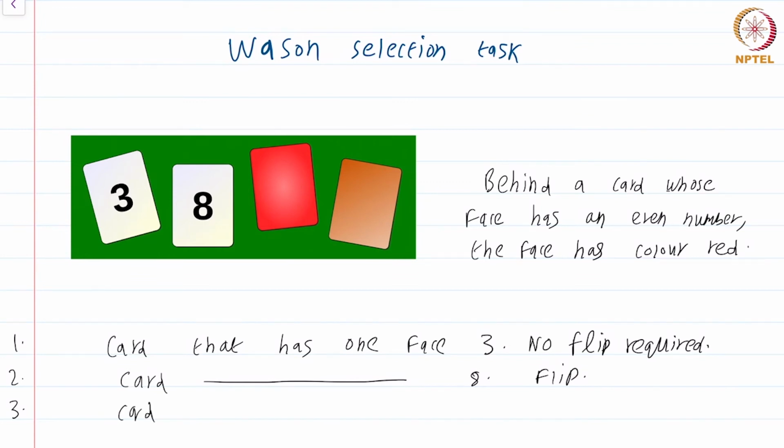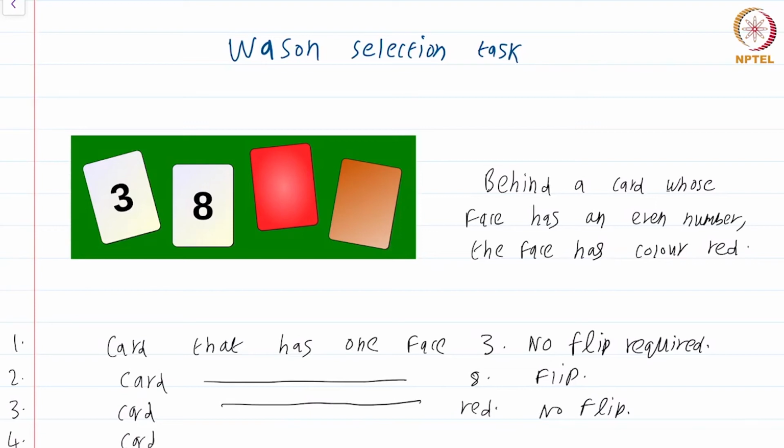So, card that has one face red, no flip. It is completely irrelevant whether the opposite face is even number or not. That's not what the proposition is saying. It is not saying that if one face is red, the other face should be even. So it's completely irrelevant.